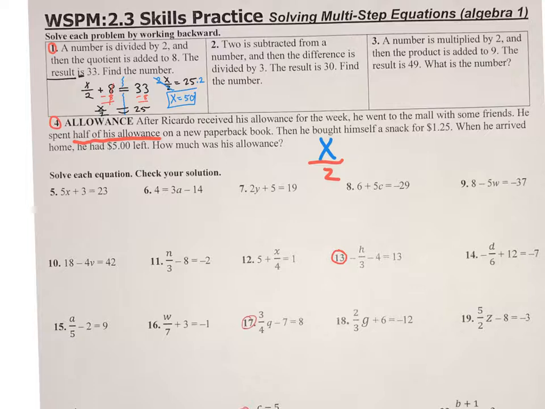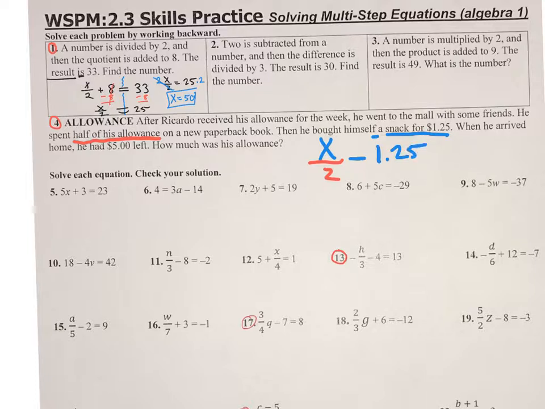Okay? So he spent half of his allowance on a new book. And then it says, then he bought himself a snack for $1.25. So whatever money he had, he spent half of it on a book, and then he bought himself a snack for $1.25. Does that mean that he earned $1.25 or he actually spent it? He spent it. So when I say that he spent $1.25, that means that he subtracted $1.25 from whatever he had left, right?